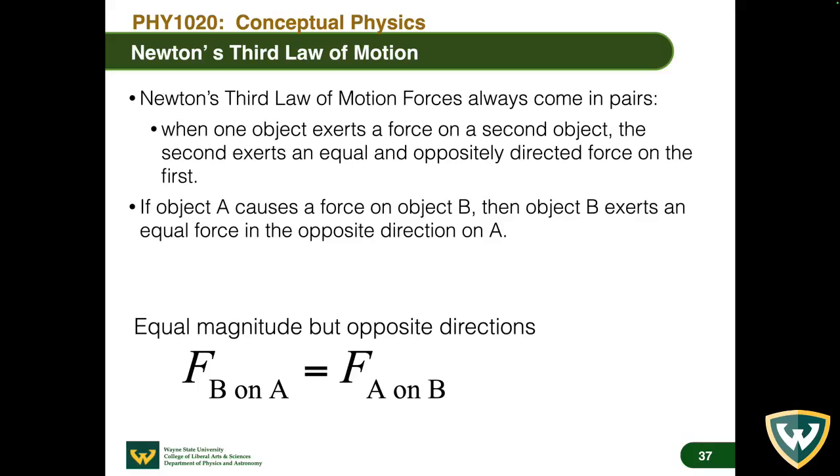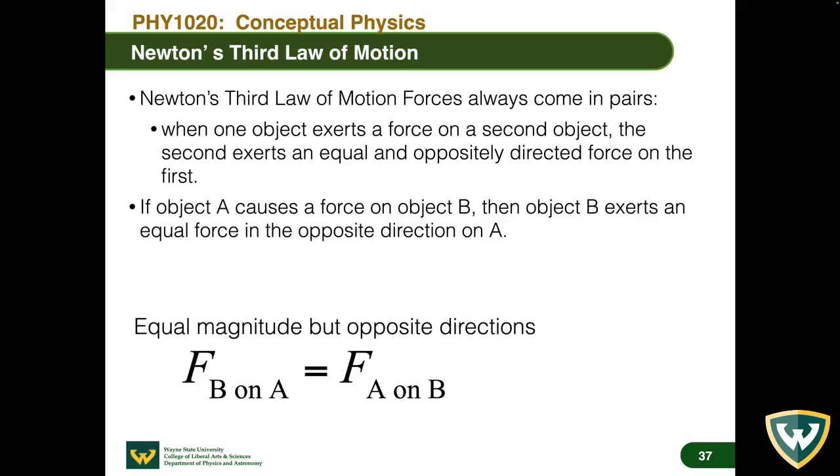And so it is directed directly against the force due to the first object. This is known as action equals reaction. The action of one object onto another is equal to the reaction of that other onto the first object.